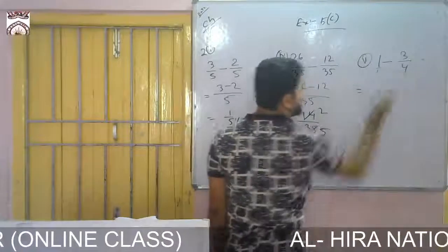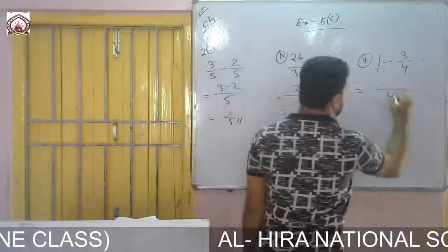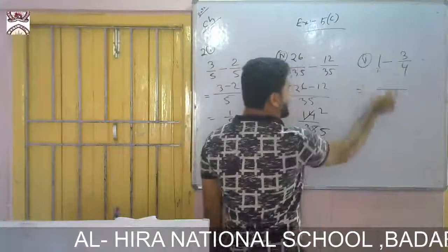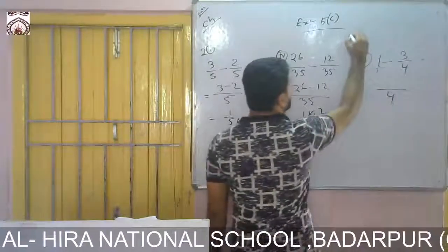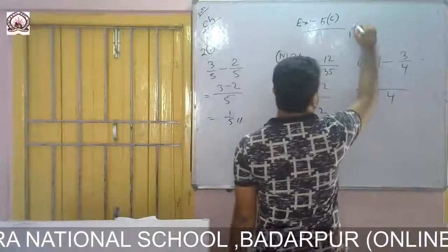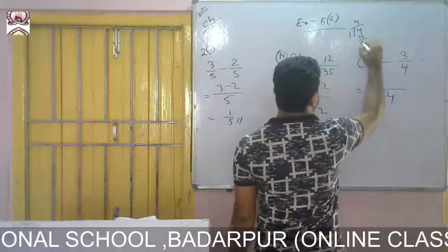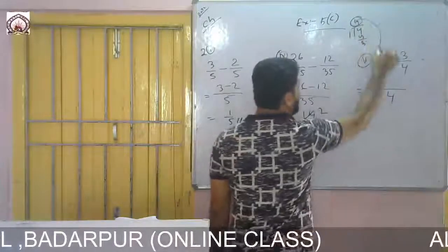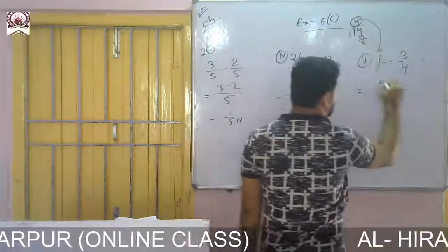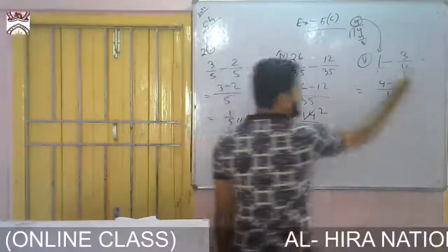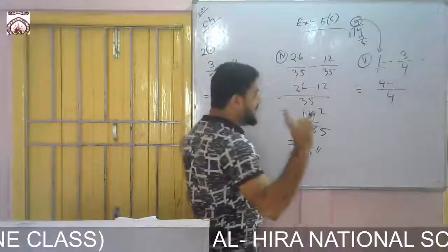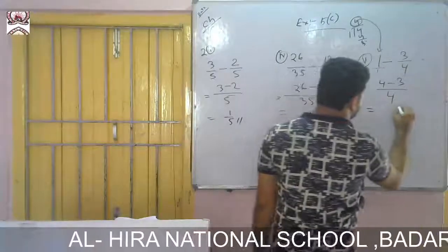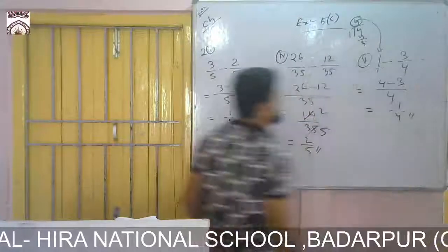So if I take the LCM of 1 and 4, it will be 4. Now you divide 4 by 1, and 4 1s are 4. So with this 4, I need to multiply the numerator. So 4 1s are 4, minus: if you divide 4 by 4, that is 1, so 3 1s are 3. So 4 minus 3 is 1. The answer is 1 by 4.